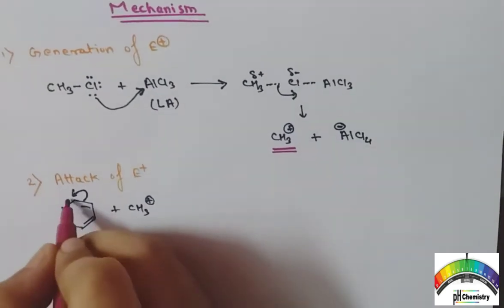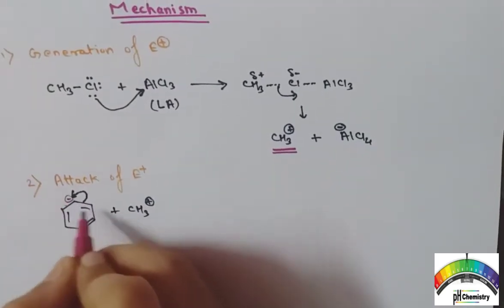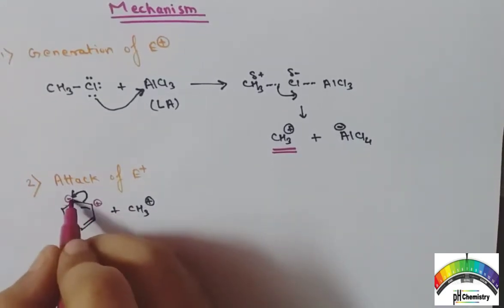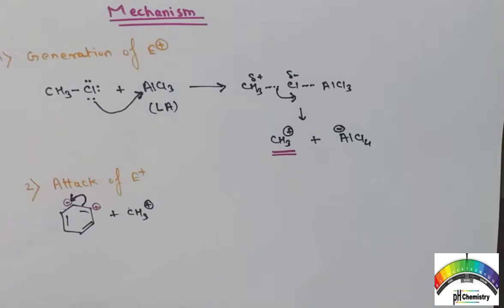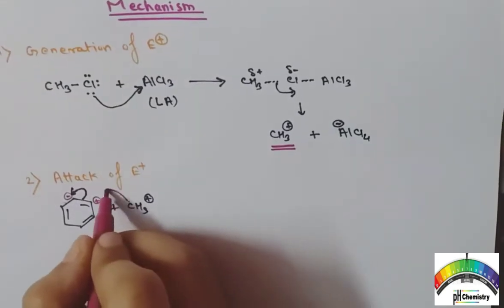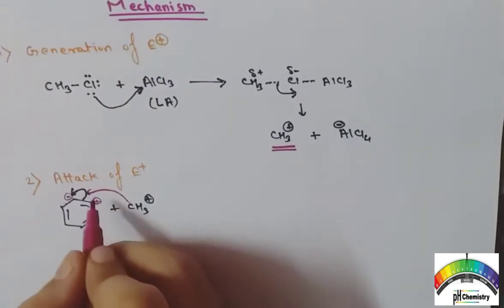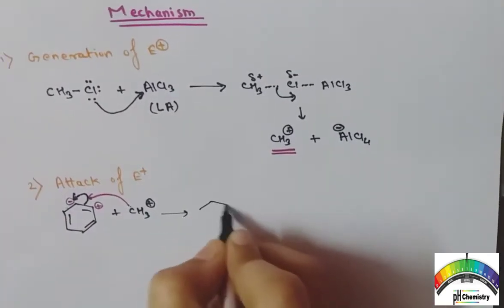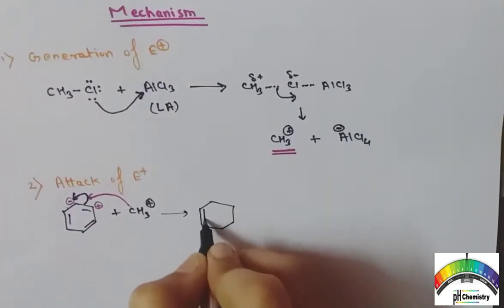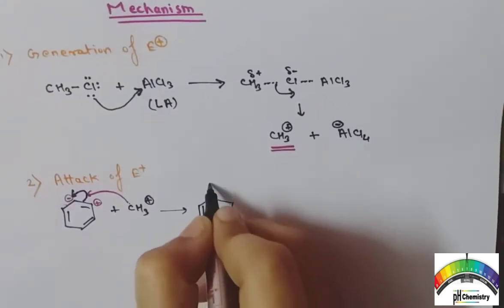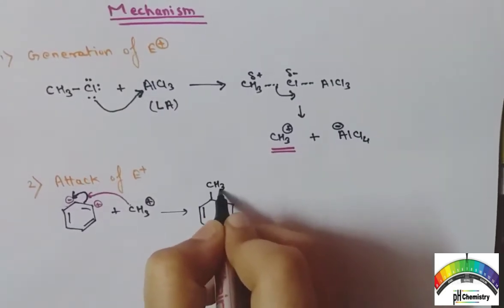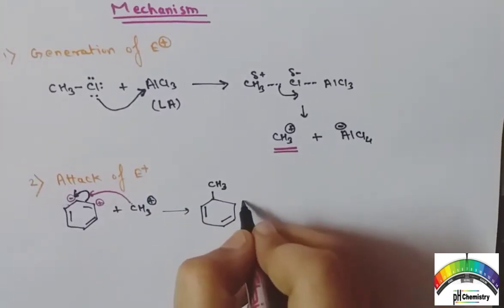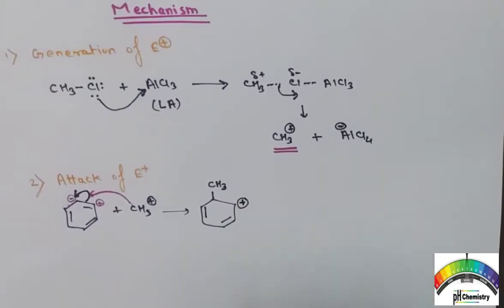When this double bond shifts here, negative charge comes here and positive charge comes here. CH3 will attack on this negative charge, and we'll get this, the other double bond remains the same. CH3 attaches here and the positive charge comes here.